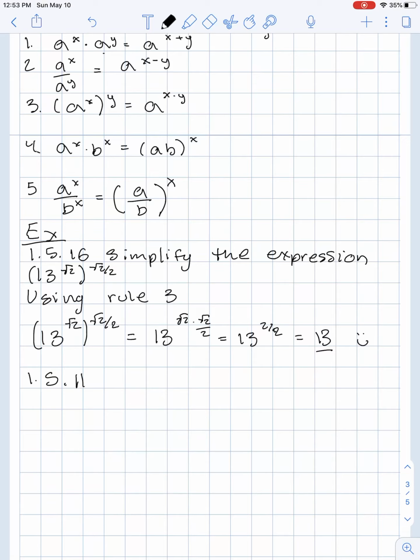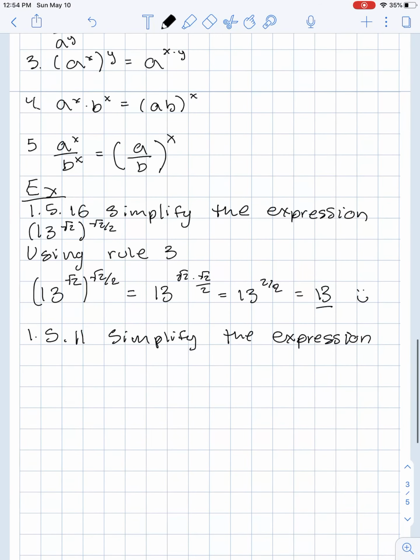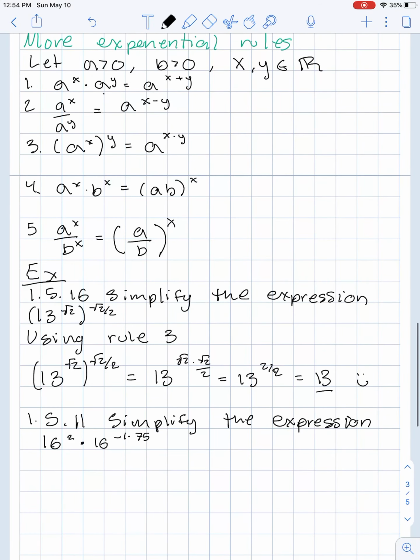One of my favorite ones is 1.5.11. Again, we're simplifying the expression. And we're given 16 squared times 16 to the negative 1.75.